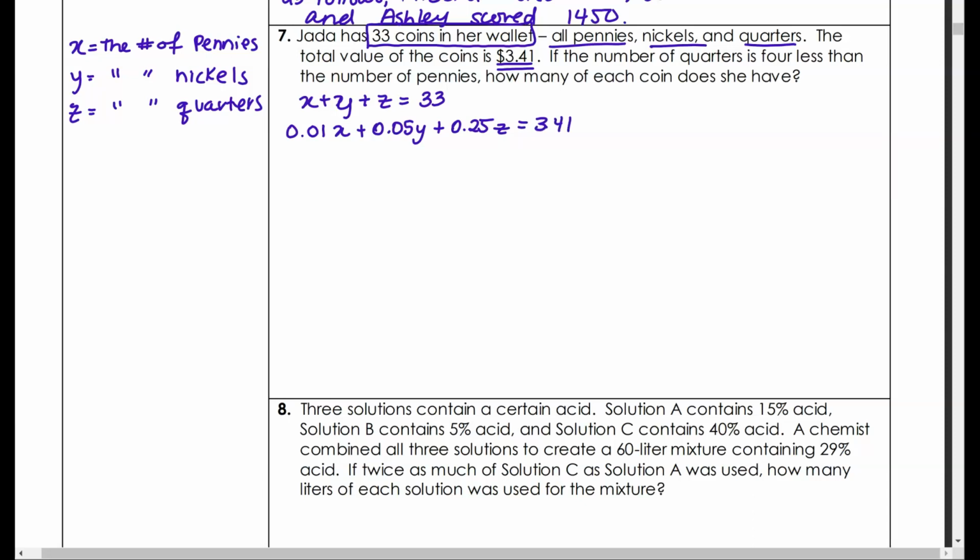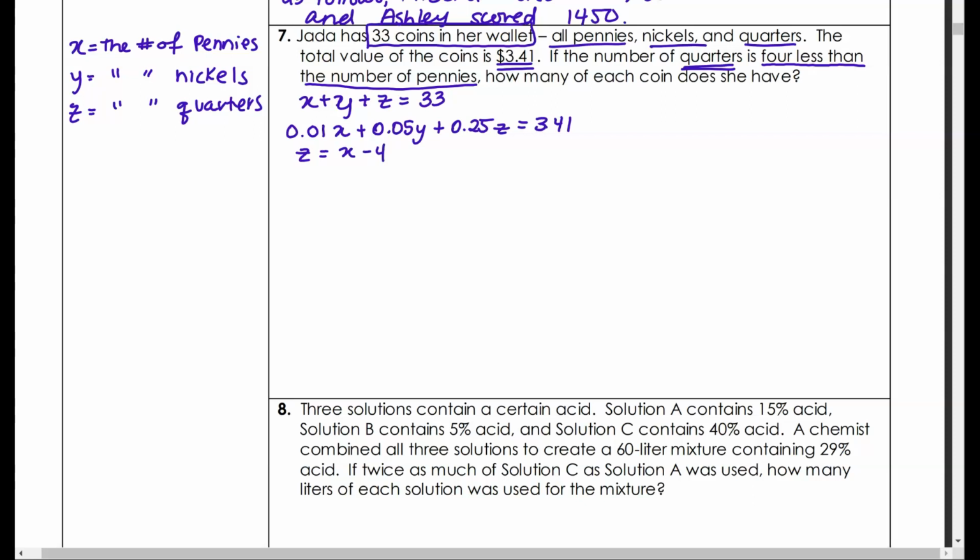And lastly, it tells us the number of quarters, remember quarters is z, is 4 less than the number of pennies. So that means that z is going to be the number of pennies, x, minus 4.